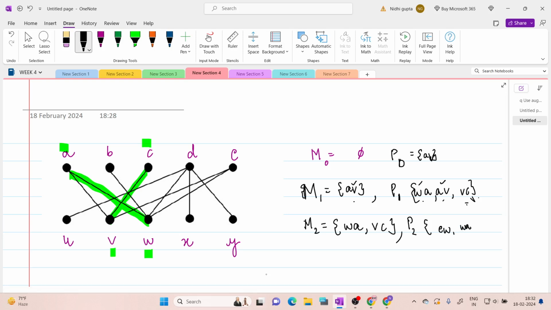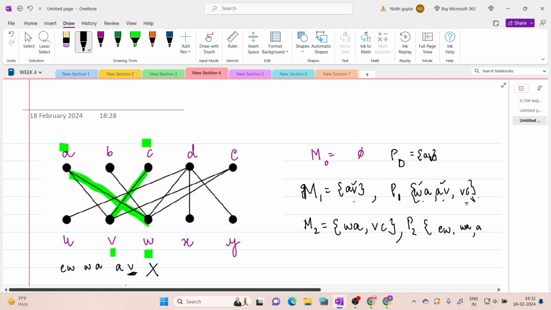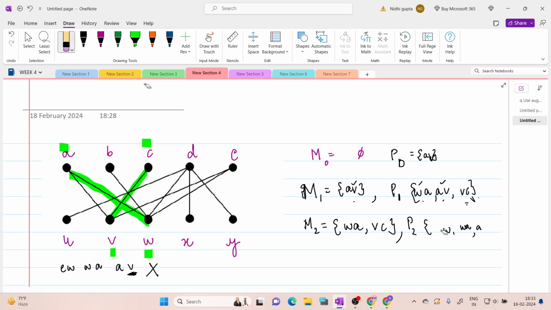This cannot be there because you have to end with AV. So EW, WA and AV. This is not an augmenting path because V is not an unmatched vertex. So we cannot take this to be an augmenting path.